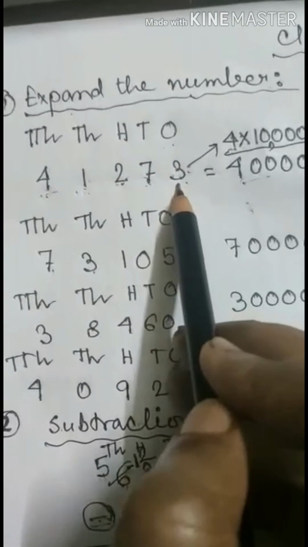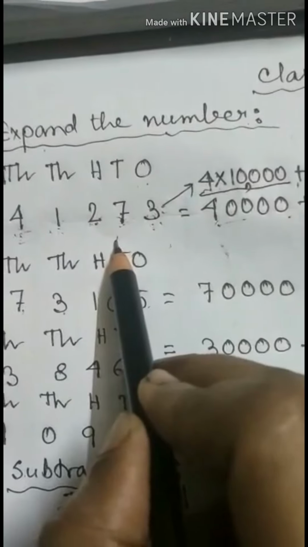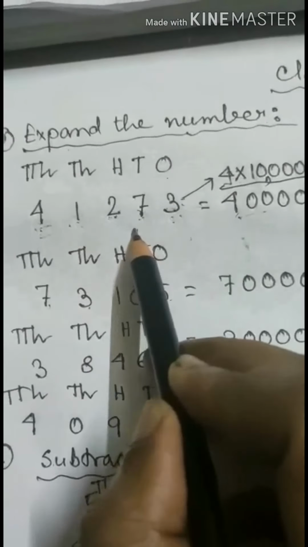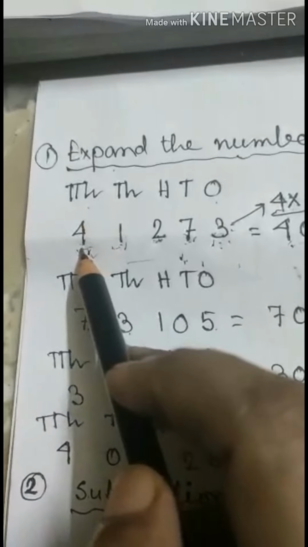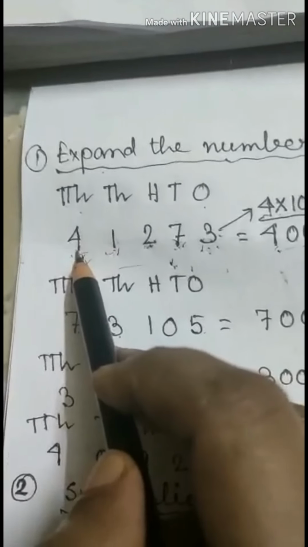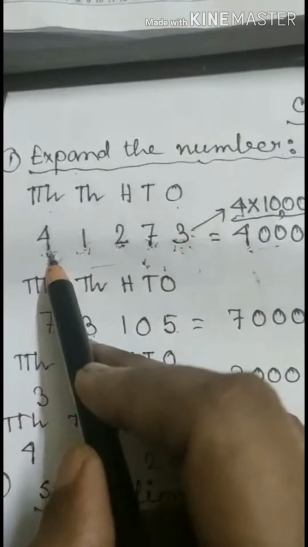If I need to expand this number, I need to find out the place value of each digit. Like this number, 41,273. Here the 4 is placed in the 10,000s room. The place value of 4 is 10,000.